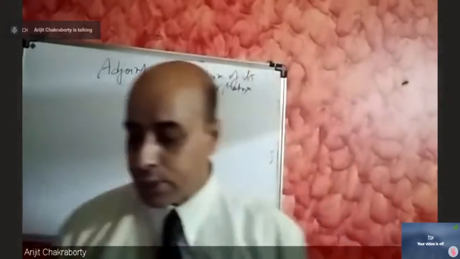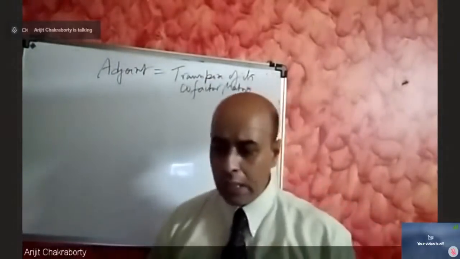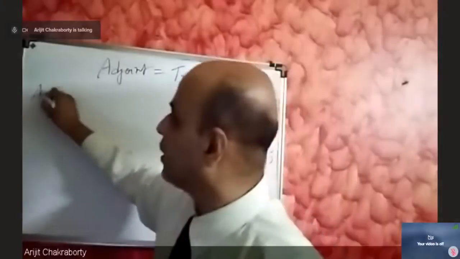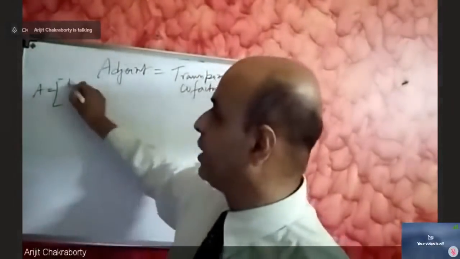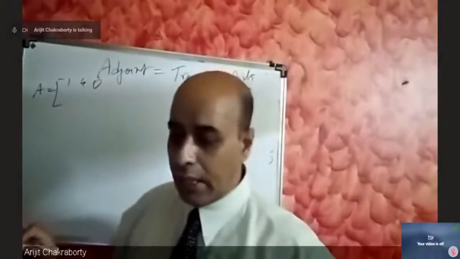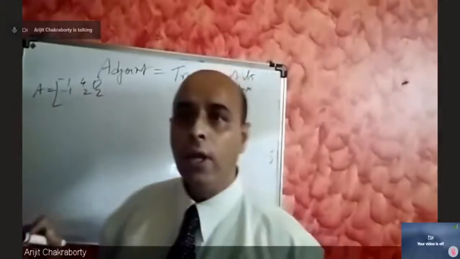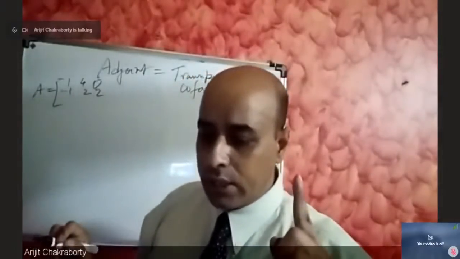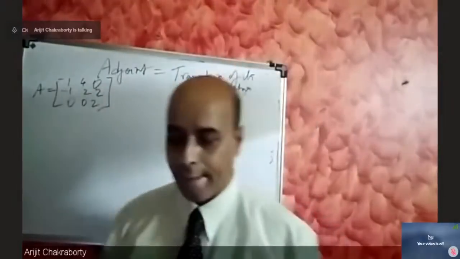Let me take a small example. Matrix A is 1 4 0, minus 1 2 2, and 0 0 2. Just do with me.